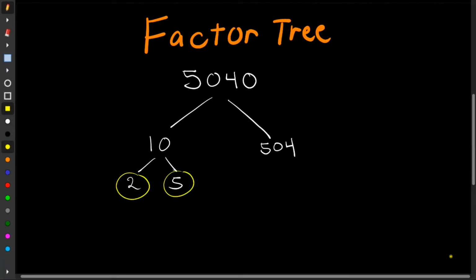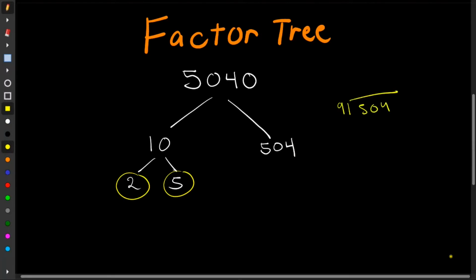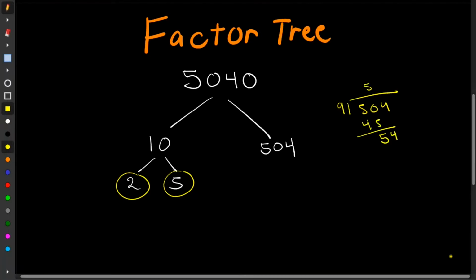For this one, observe that 5 plus 0 plus 4 is equal to 9. So this one is divisible by 9. So let's try to divide it by 9. This would give us 56.